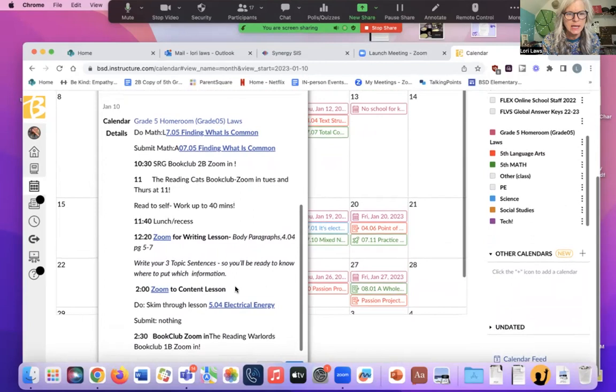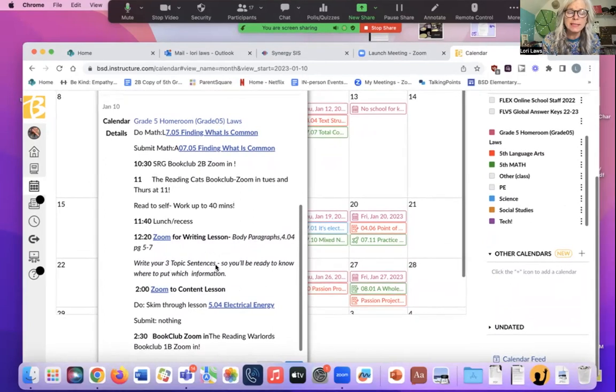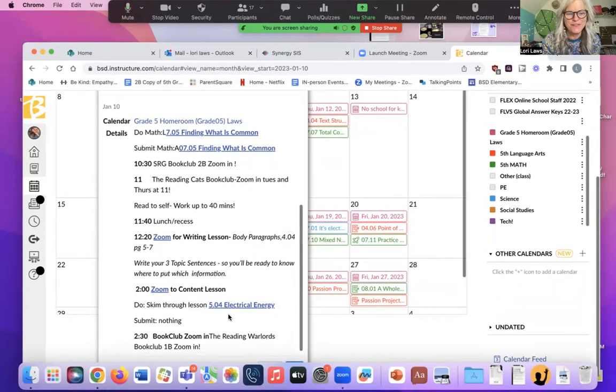In writing today, we're going to make sure we have our 3 topic sentences done, continue to collect information, and start on our first body paragraph. At the end of the day, we're going to do something on electricity. Very fun. The reading Warlords are coming in today, and the SRG book club is at 10:30. So that's our day.